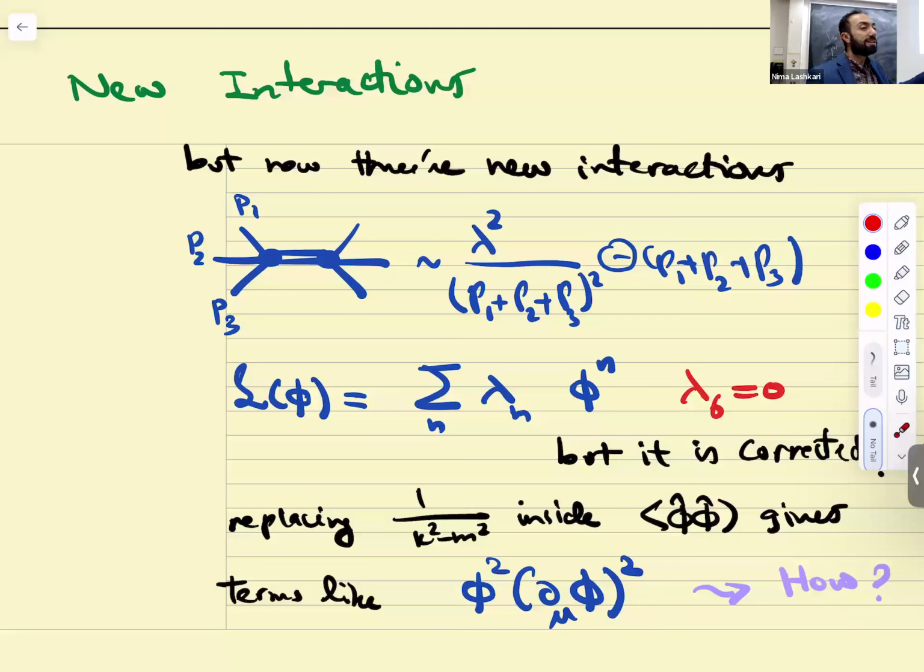So what does it mean? It means that it was probably not 0. It means that if the observer assumed that there was no 6-point function, they were assuming some sort of magical cancellation of terms. It has to be there naturally. Under the renormalization group it is generated.